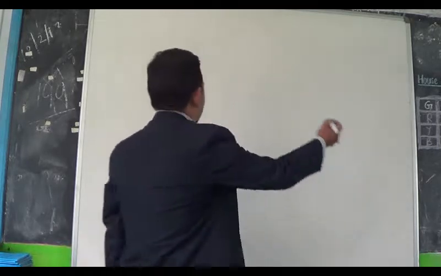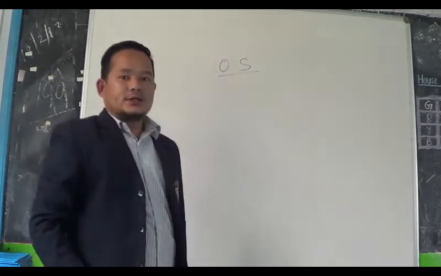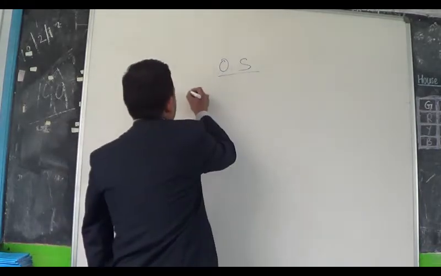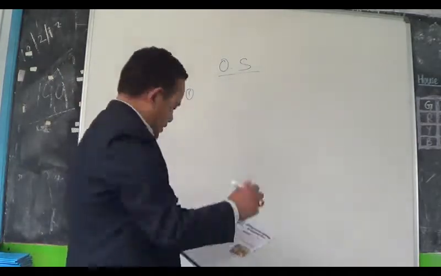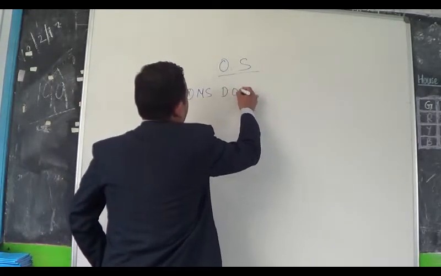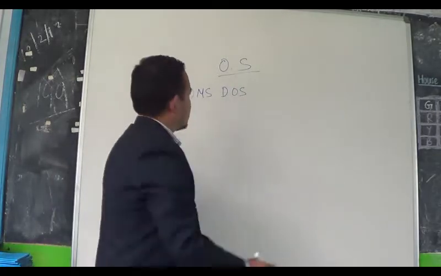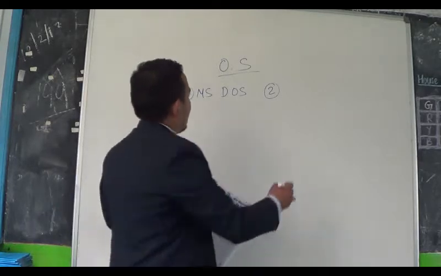So the operating system, or OS, is divided into different types. Number one is MS-DOS. Number two is MS Windows.